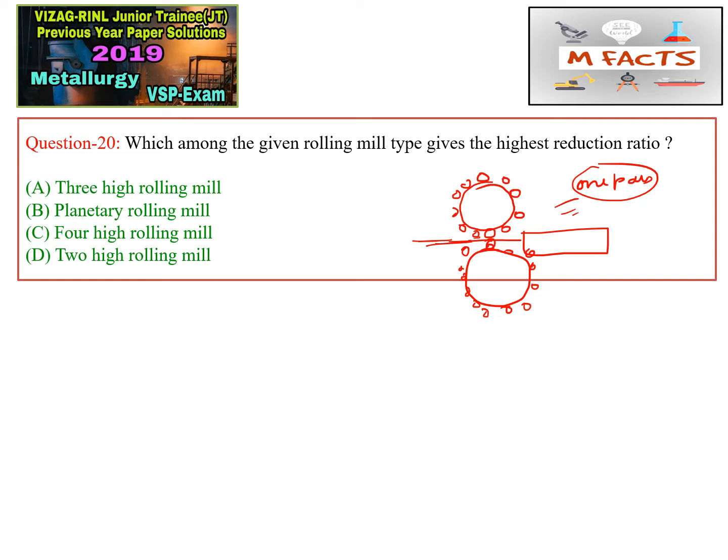So from the given options, the planetary rolling mill is the correct answer for this question. The reduction ratio of this planetary mill is very high. So the correct answer for this question is B part.